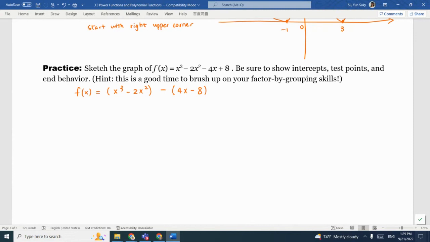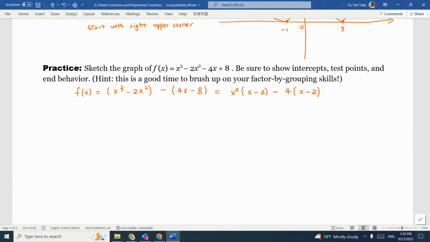Because now it's inside the parentheses. Right, everybody? Okay, factor them. What's the common factor of the first 2 terms? x squared. What's left? x minus 2. And then the last 2 terms, what's the common factor? 4. What's left? x minus 2.